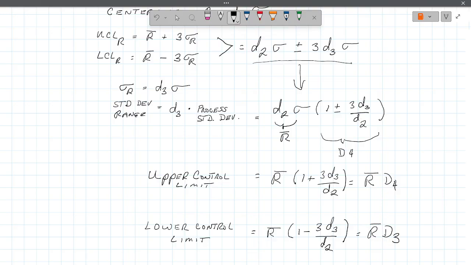Okay, so capital D3 is equal to 1 minus little d3 over d2.